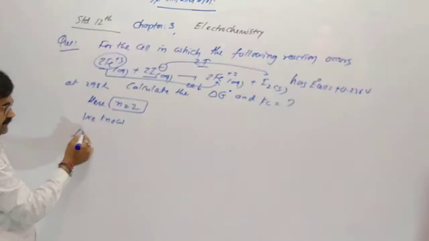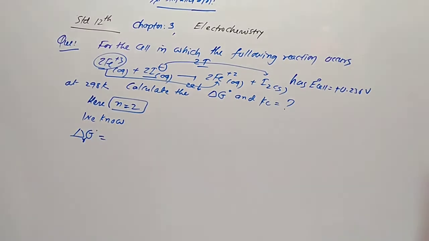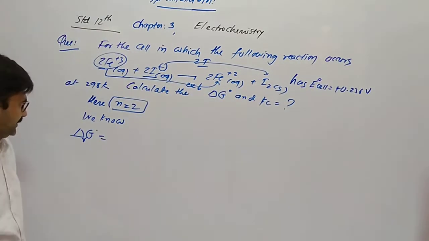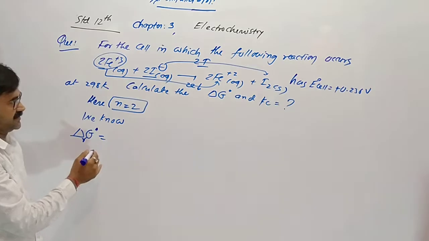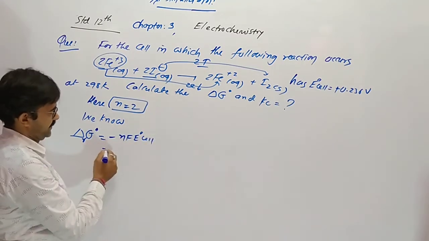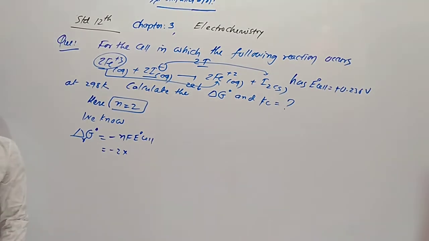our formula for ΔG. ΔG°, the standard Gibbs free energy of the reaction, is equal to minus nFE° cell. Here n is 2, and F is the Faraday constant, whose value is 96500 coulomb for convenience of calculation.